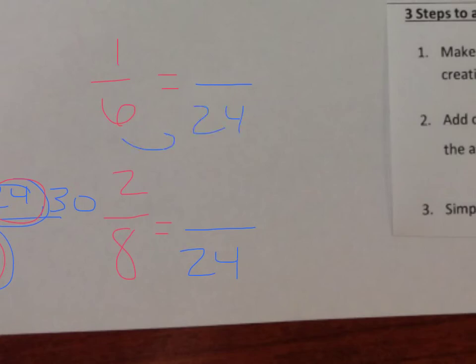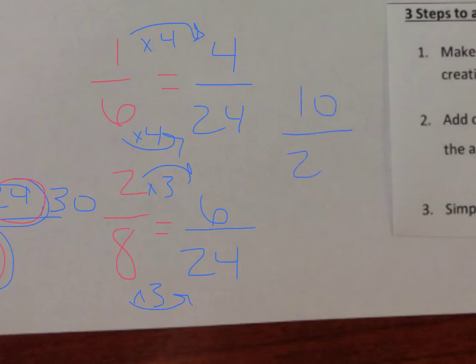Okay, so 6 times 4 gives me 24. So what I did at the bottom, I have to do the top, and 1 times 4 is 4. So I have 4/24. And then down here at the bottom, 8 times 3 gives me 24. 2 times 3 gives me 6. So I have 10 over 24, because I added 4 plus 6.